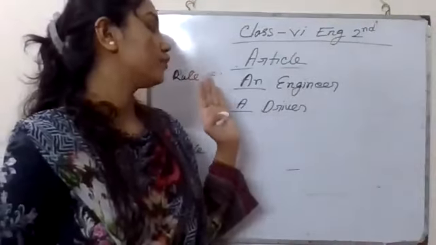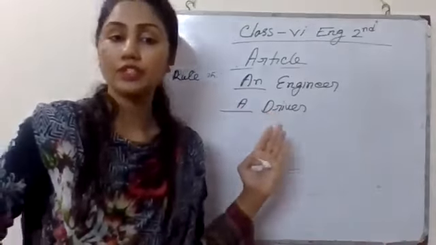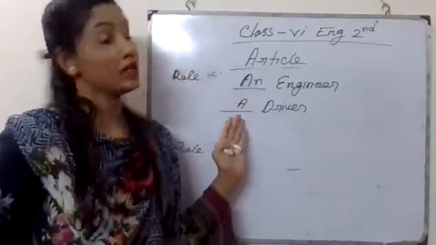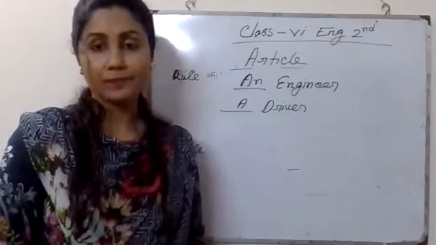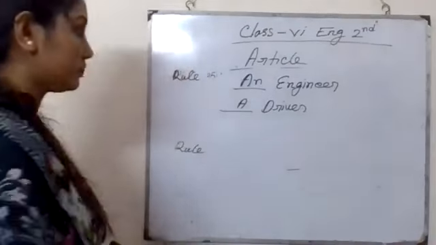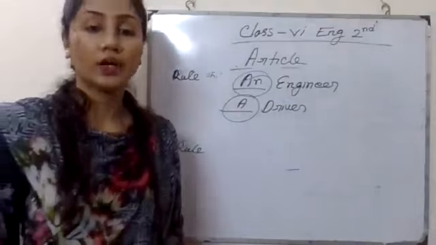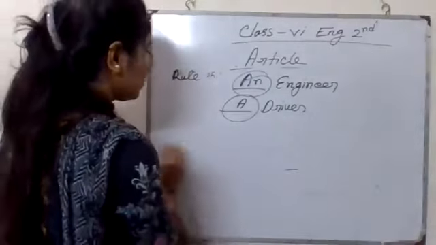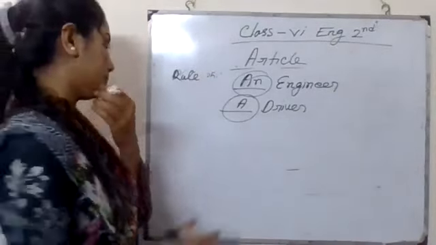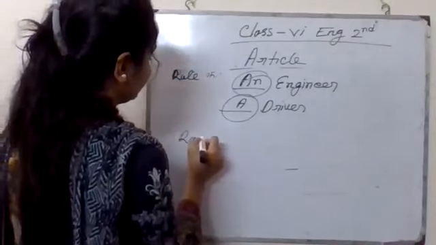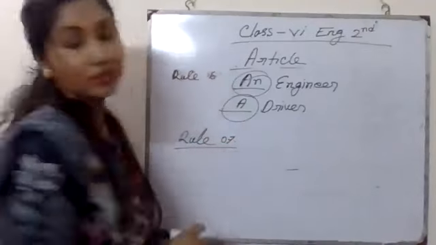Here, I have used an before engineer and a before driver. It doesn't matter what types of profession they are indicating. The matter is that when it sounds like a vowel or starts with a vowel letter, then we have to use an, and we have to use a when it sounds like a consonant. So boys, an engineer and a driver. That is rule 07.